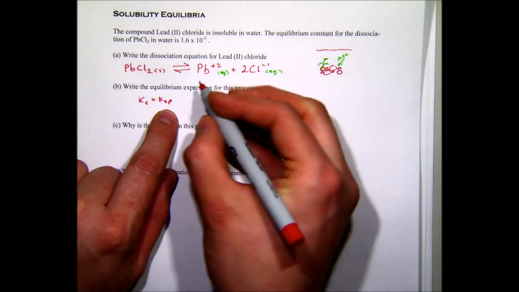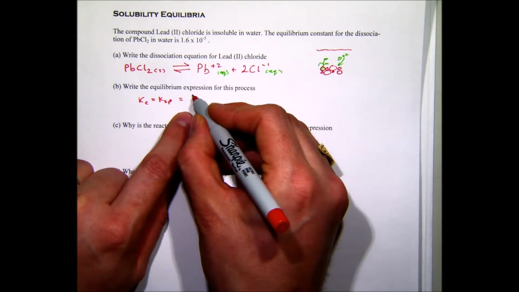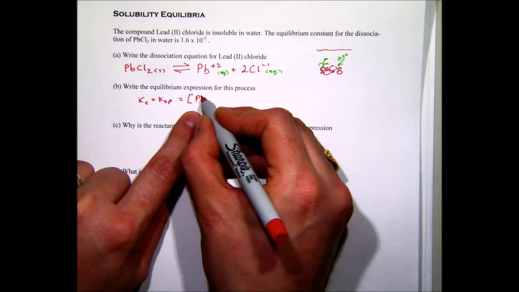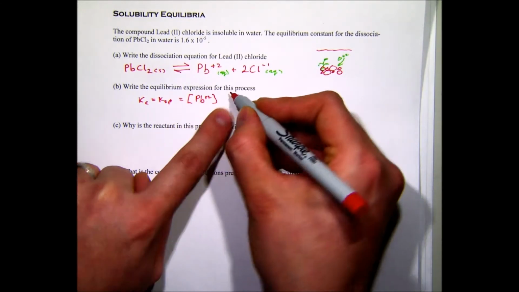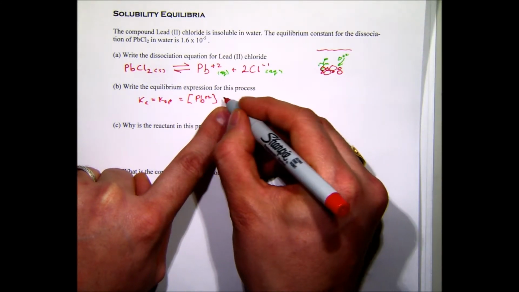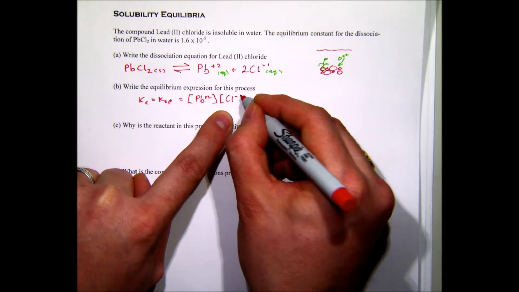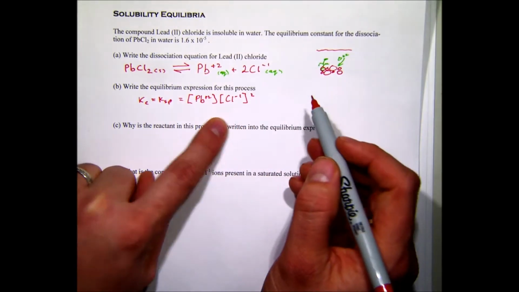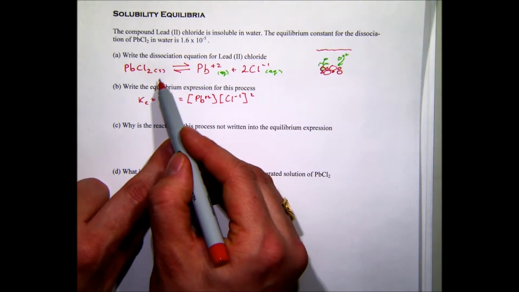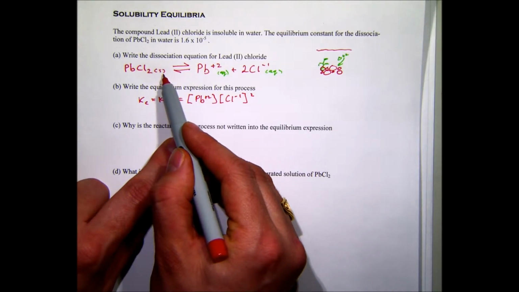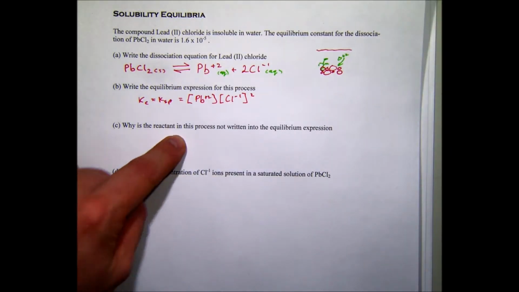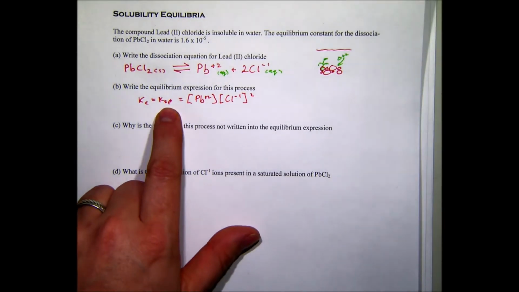And it's equal to the concentration of the products, Pb 2+, raised to their exponent, so I have a 1, over the reactants. But since the reactants are solid, we don't include them, so we just have the product of them, hence the solubility product.